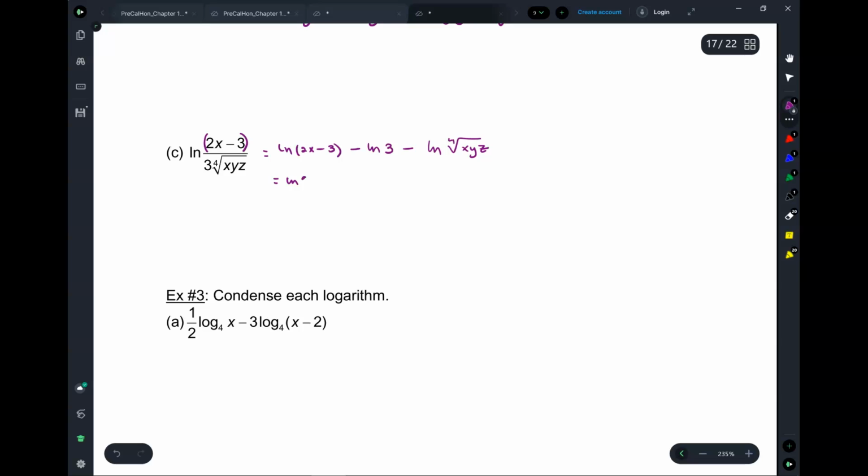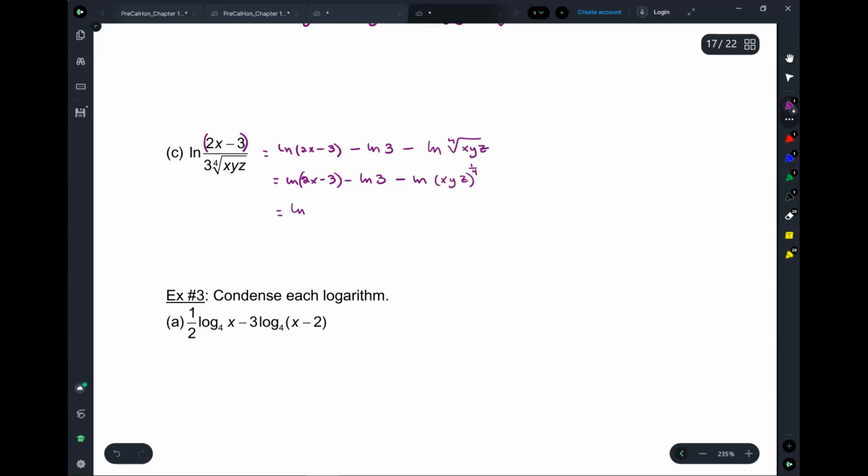This is ln of 2x minus 3 minus ln of 3 minus ln of, you have to put all the roots in exponent form, xyz to the 1/4. Now what happens to the 1/4?